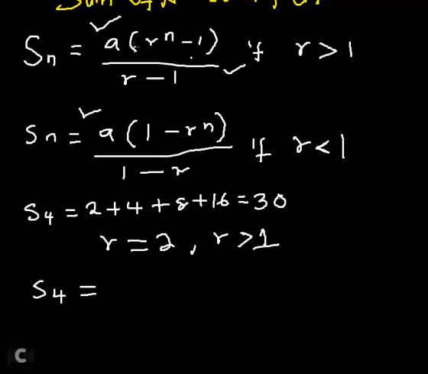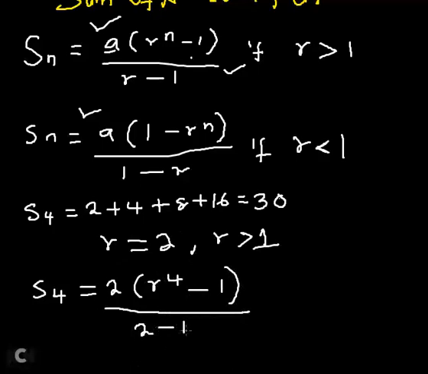So let's start putting the values. The first term is 2. Then the common ratio, 2, raised to the power of the nth term, that's the fourth term, then minus 1, divided by 2 minus 1. Oh, please, the common ratio, I have not put the value.